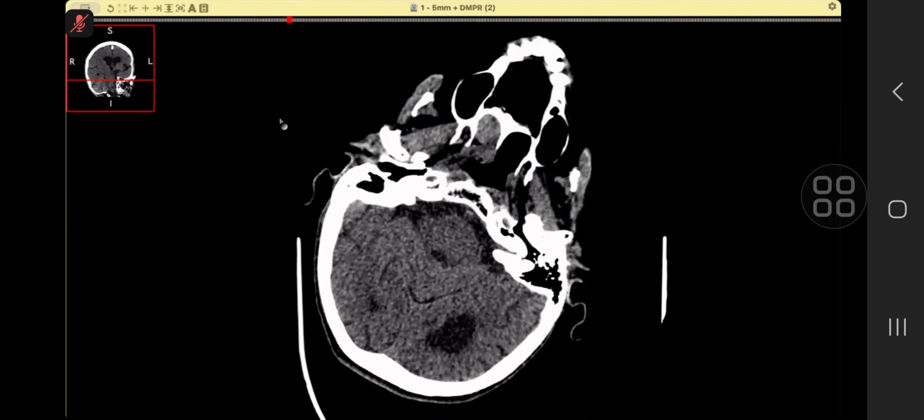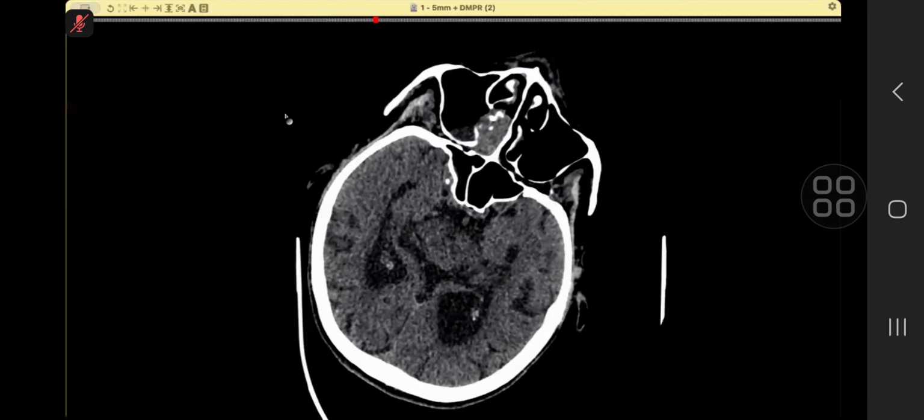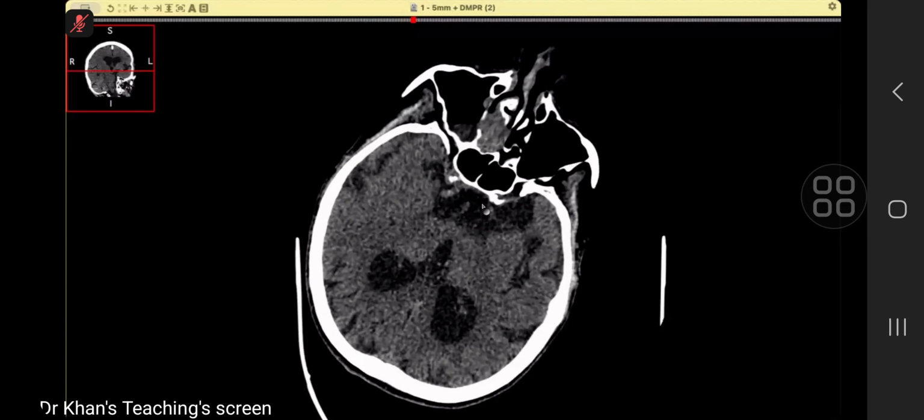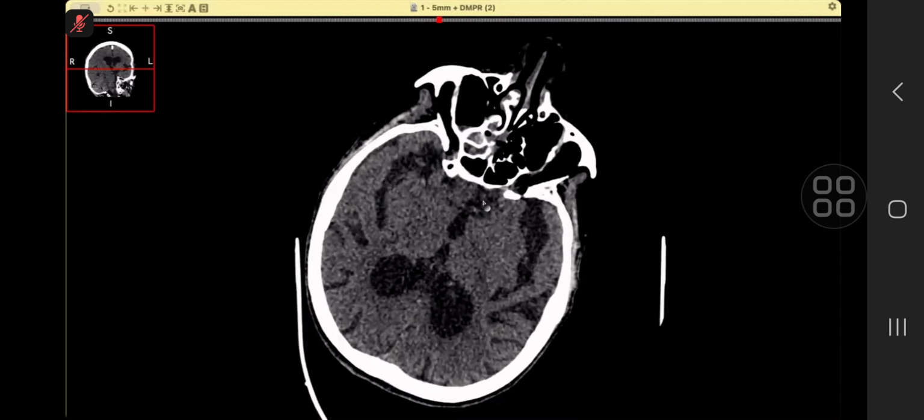There is soft tissue attenuation seen in the right posterior ethmoid sinus.